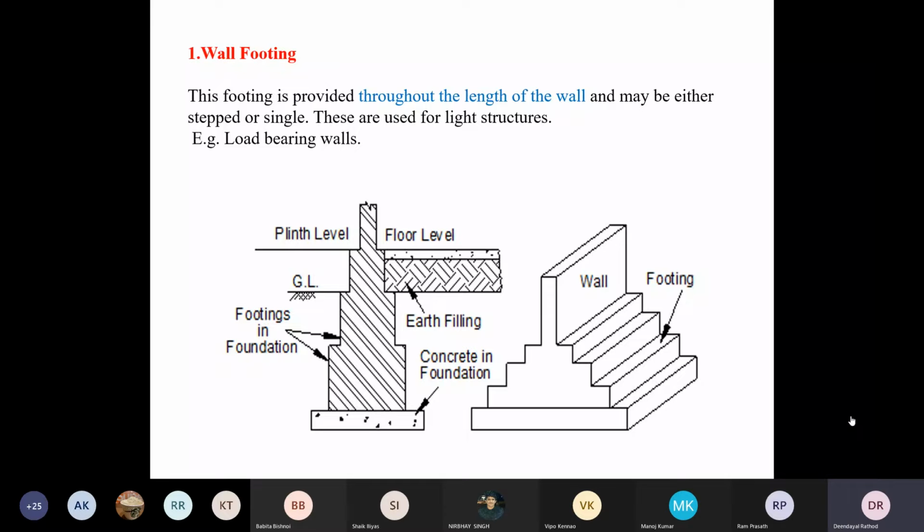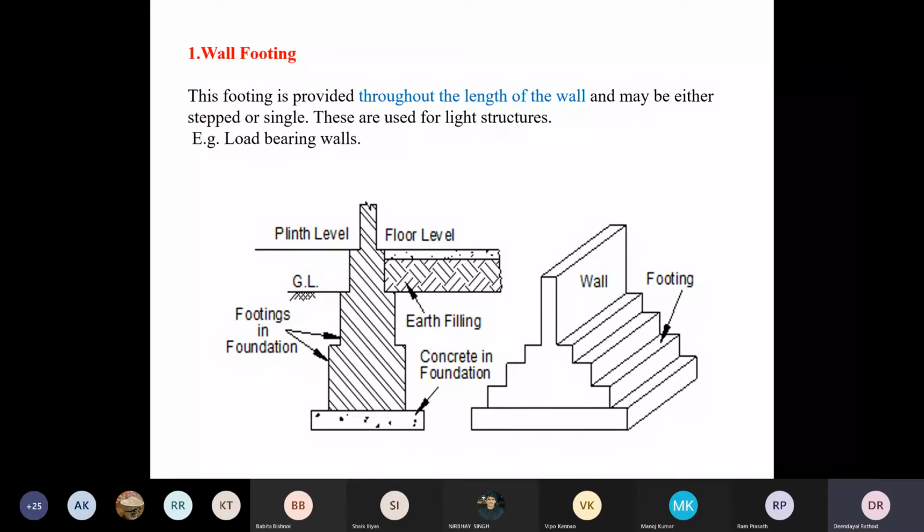So this is one type of foundation, that is the wall footing, right? This footing is provided along the wall, throughout the wall. Okay, you might have seen in the villages, in our old houses, they directly place the slab on this wall. Understand? So this is used for light structures.